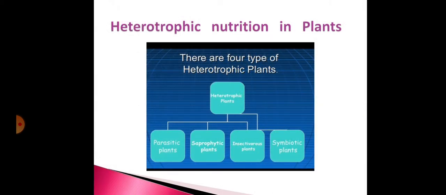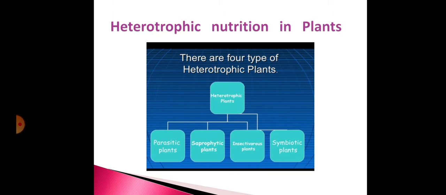There are four types of heterotrophic plants. First one, parasitic plants. Second one, saprophytic plants, also called saprotrophs. Third one, symbiotic plants. And fourth one, insectivorous plants. Now, let us learn them one by one in detail.